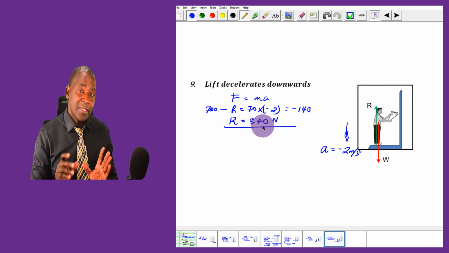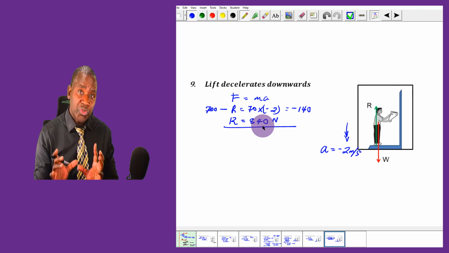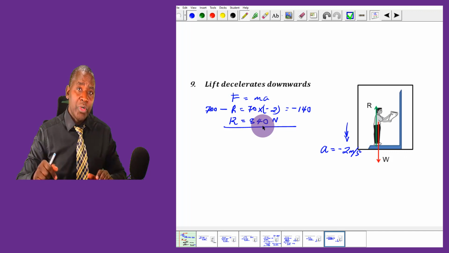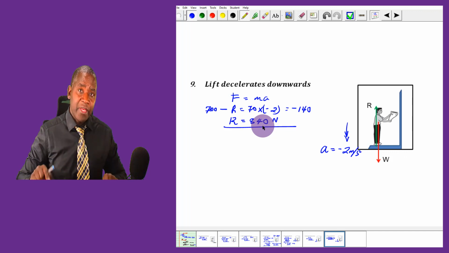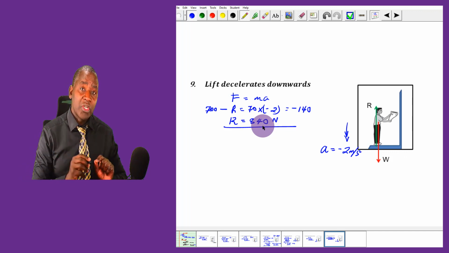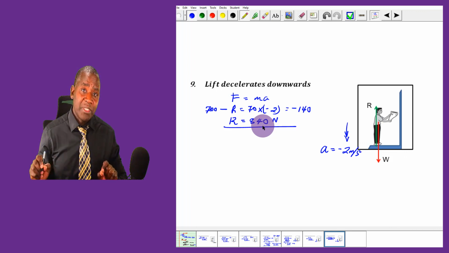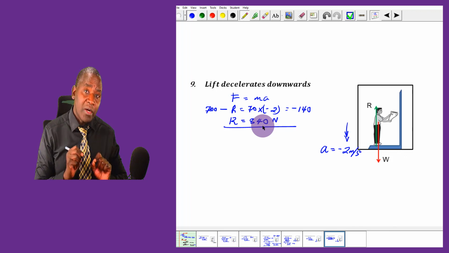I've looked at 9 situations in total. Replay this video. As a matter of fact, if you hover your cursor on the scroll bar or at the timestamp, you'll be able to see each one of these situations. I have numbered them starting from number 1 all the way to the last one, which is this one.